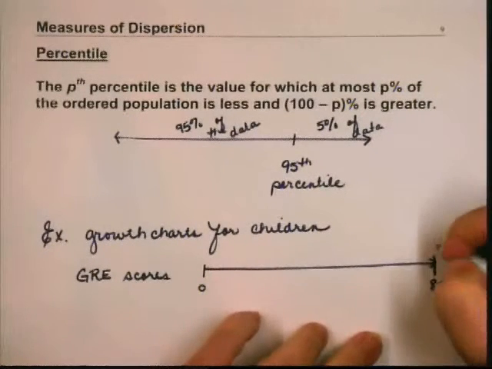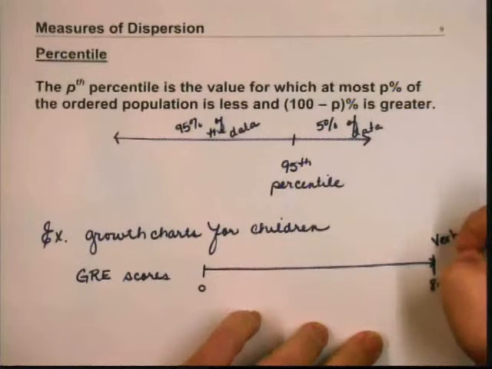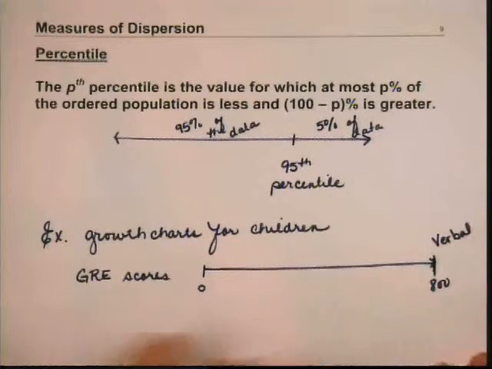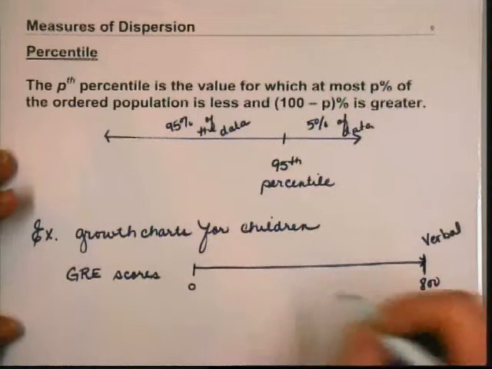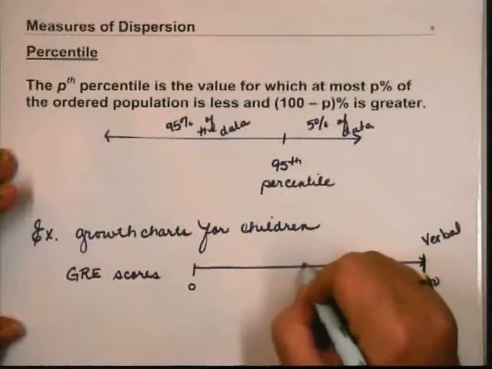I was looking at some data once recently and came up with these values, I don't remember for what year it was. That changes each year. But in this, your verbal GRE score can be between 0 and 800.